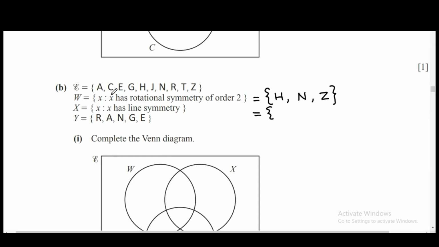So in this case, letter A has one line of symmetry, letter C one line of symmetry, letter E one line of symmetry, and letter H has two lines of symmetry, one horizontal and one vertical, and the letter T, for the set X.